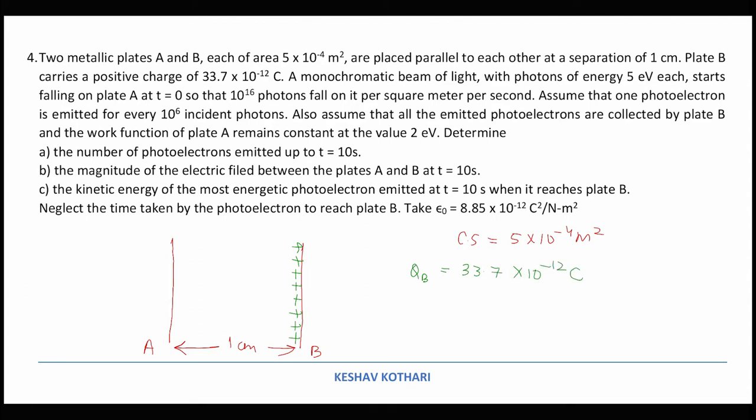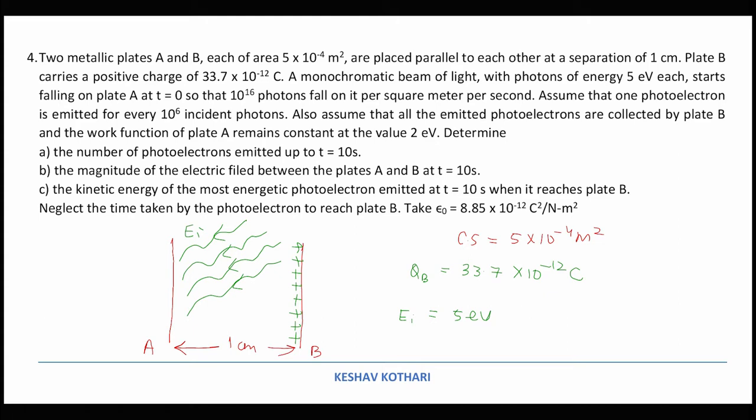Now a monochromatic beam of light with a photon of energy 5 electron volt each starts falling on the plate A. So the value of this incident energy on the plate A is equal to 5 electron volt. So that 10 to the power 16 photons falling on it per square meter per second.